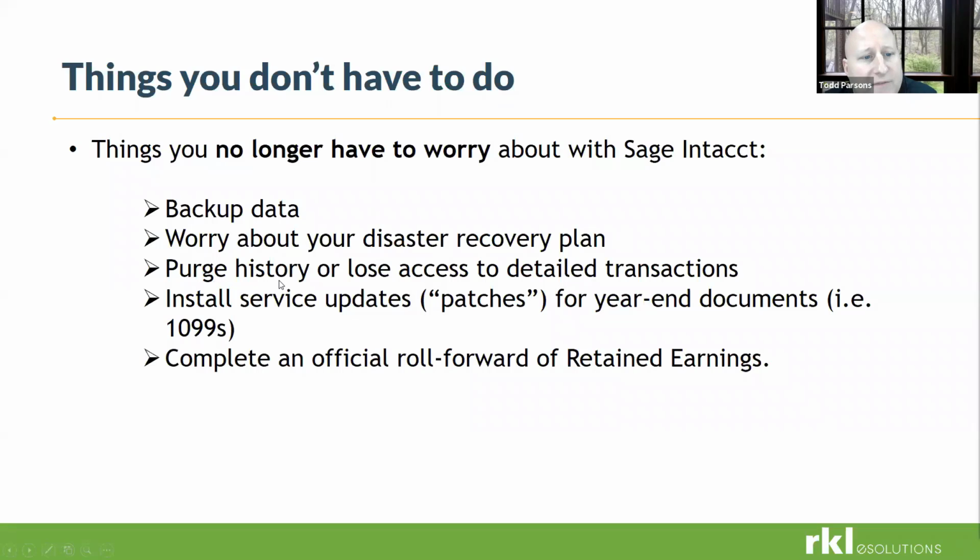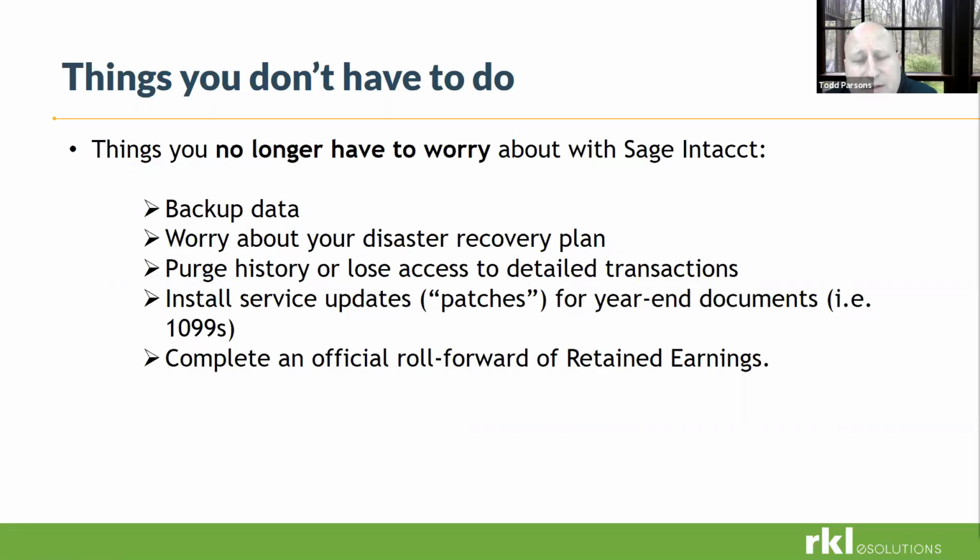You no longer have to purge history or lose access to detailed transactions. Again, being online on the cloud, they handle all of your data, and they don't have a history purging piece as a lot of other softwares do. So you always have your history at your fingertips there. You don't have to install service updates or patches.